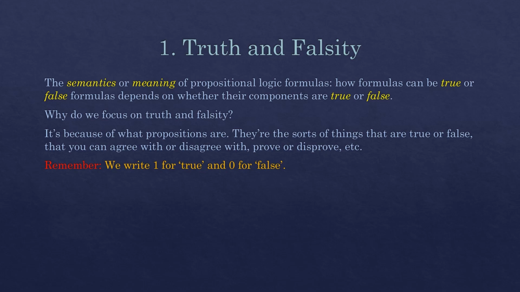It can be false, it is 0, and it can accept a third value, maybe 1/2. But in any case, we only analyze two-valued logic here. That's why we write 1 for true and 0 for false.